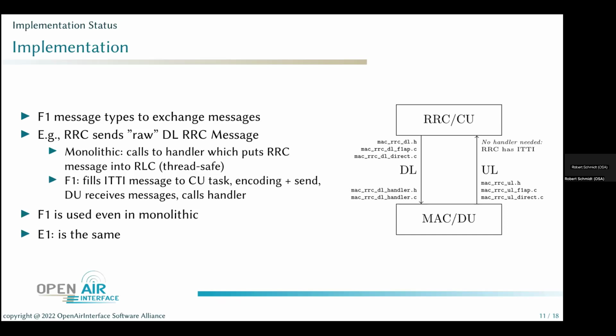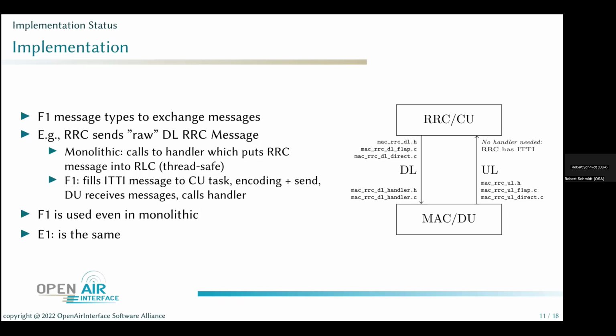There are C structures defined in a header, and whenever, for example, the CU wants to send a message to the DU, it will fill the corresponding message structure, and then either it calls down into the DU in a thread-safe way and the DU handles this message, or in the F1 case, there are some additional ways of forwarding this.